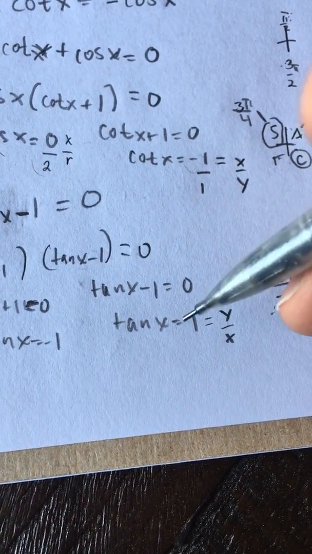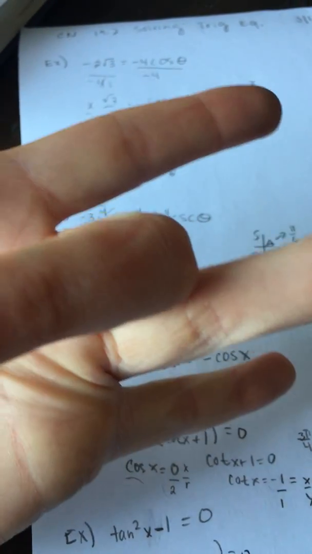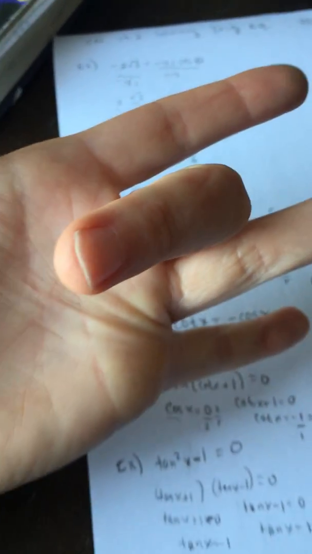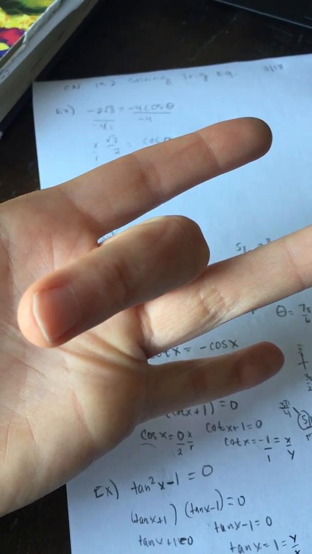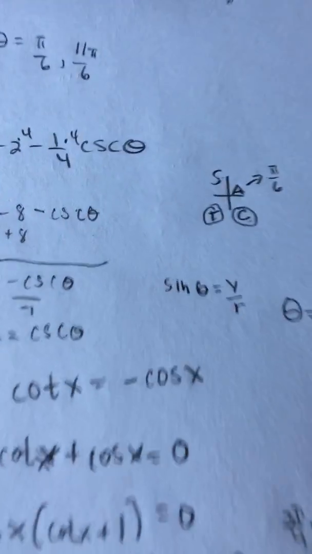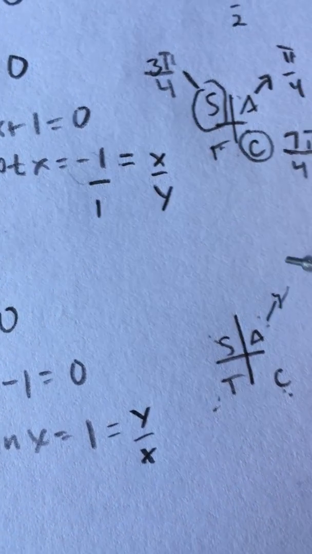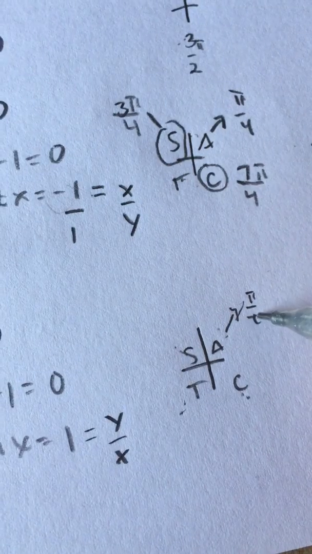To make tangent a positive 1 or a negative 1, thinking about the negative piece just with all students take calculus, we're again dropping our pi over 4 finger. Root 2 over root 2 will give us 1 for our tangent, so I'm using pi over 4. I need to use all denominators with 4.